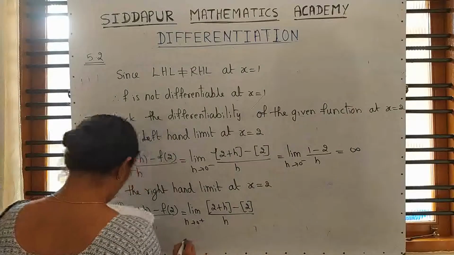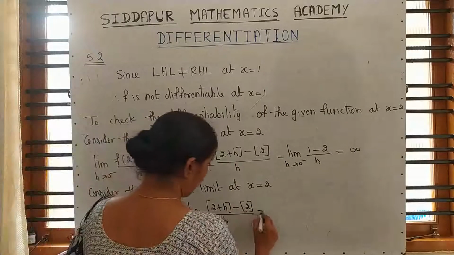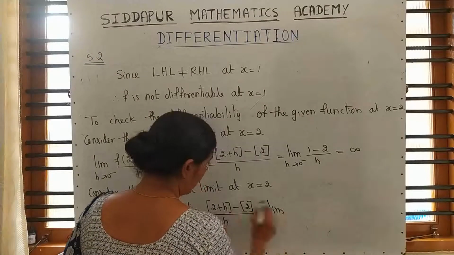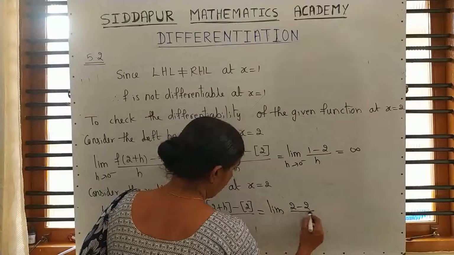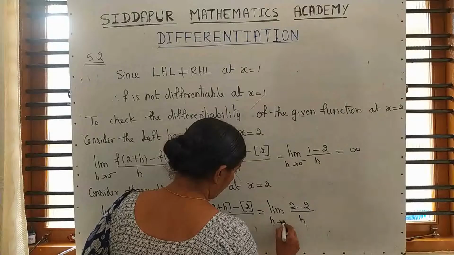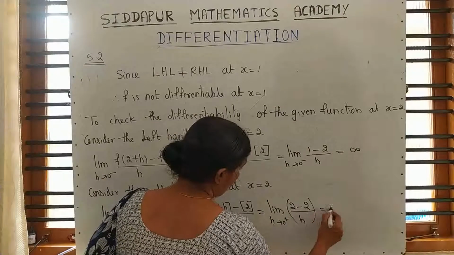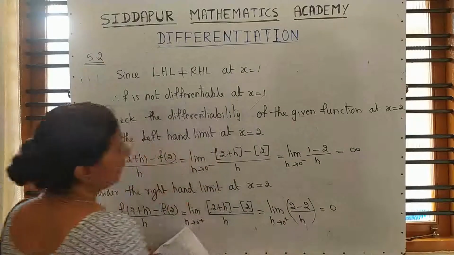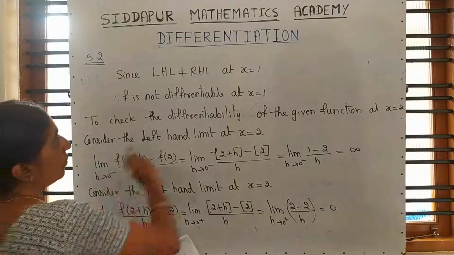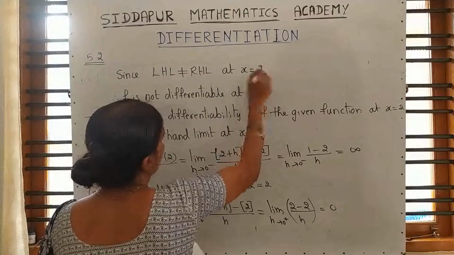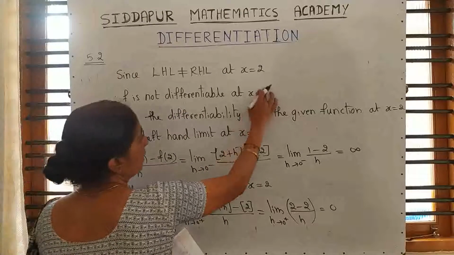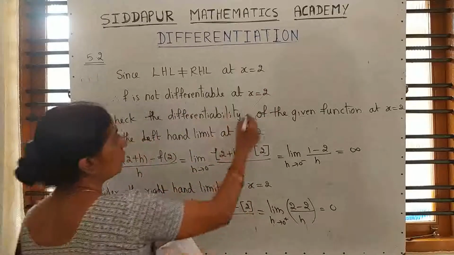When you move from right side, the greatest integer value is 2. 2 minus 2 divided by h as h tends to 0 plus. That value is 0. See, again the left hand limit is not equal to right hand limit at x is equal to 2. Therefore, f is not differentiable at x is equal to 2.